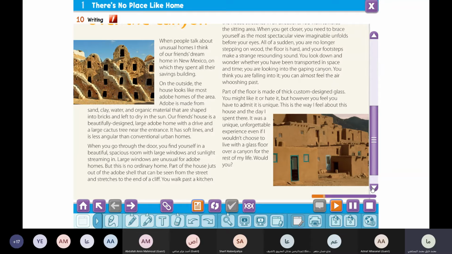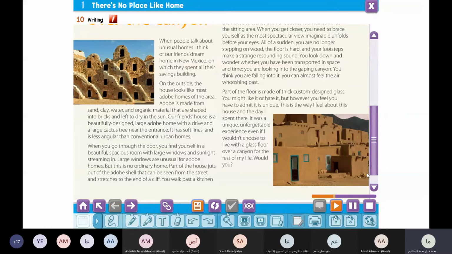Our friend's house is a beautifully designed, large adobe home with a drive and a large cactus tree near the entrance. It has soft lines and is less angular than conventional urban homes. When you go through the door, you find yourself in a beautiful, spacious room with large windows and sunlight streaming in.